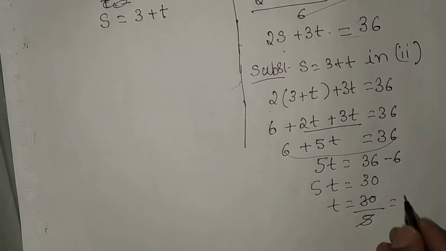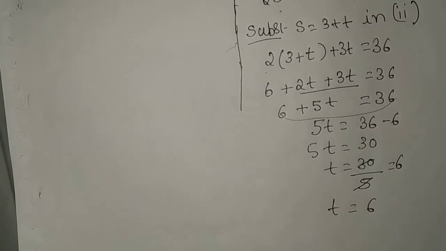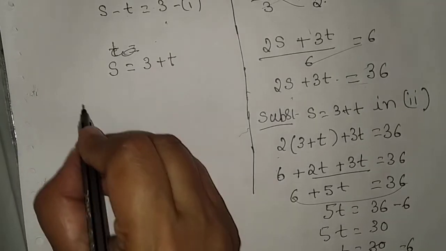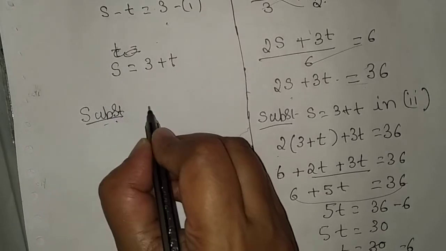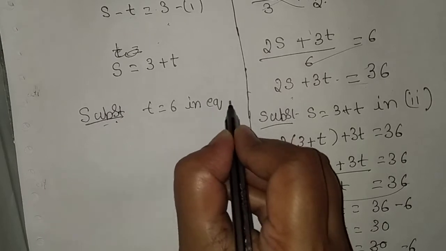Therefore t is equal to 30 by 5, which is 6. Now we got t is equal to 6. We will substitute this t in equation 1.